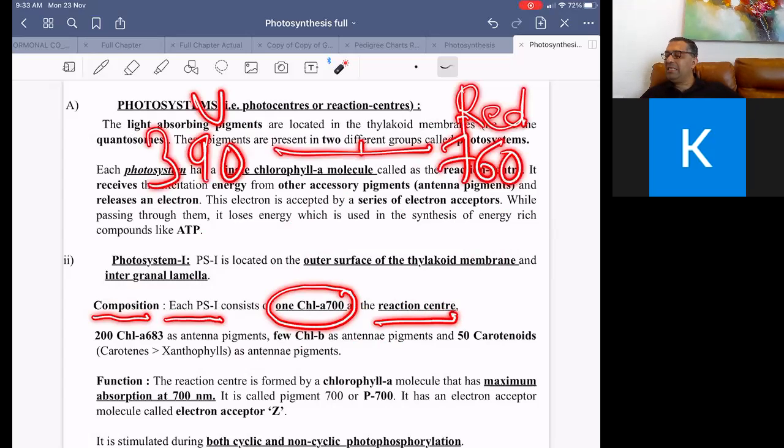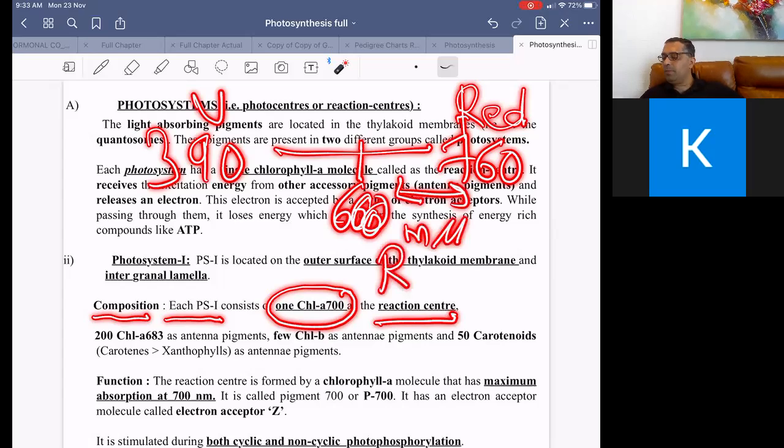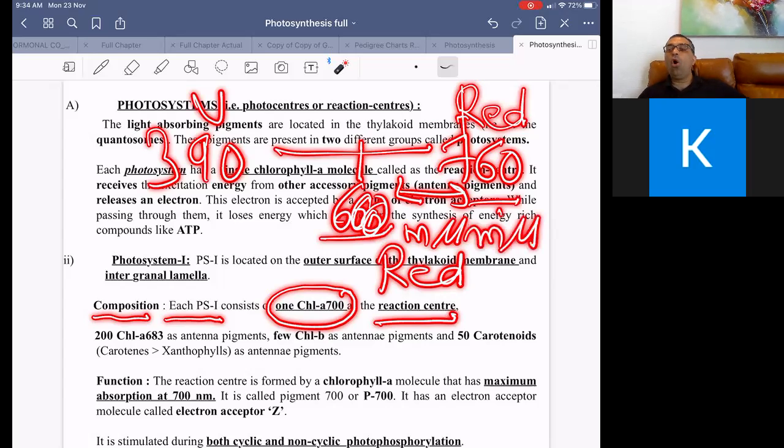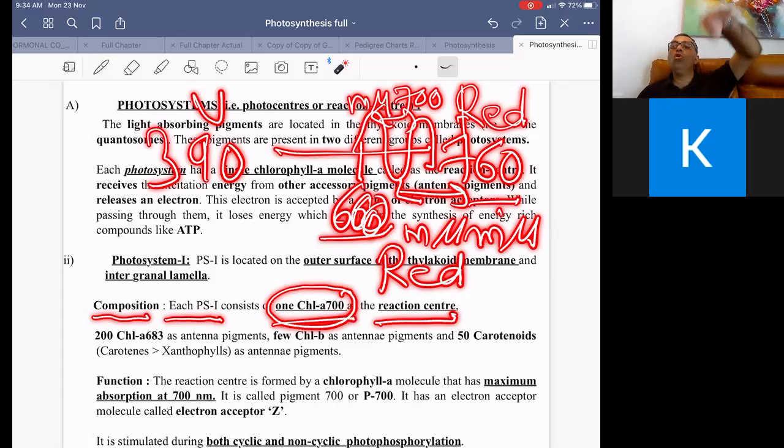660 से लेके 760 millimicron is red light. और उसमें at around 700 wavelength, chlorophyll A 700 gets excited and loses its electron, for which reason it is called chlorophyll A 700.